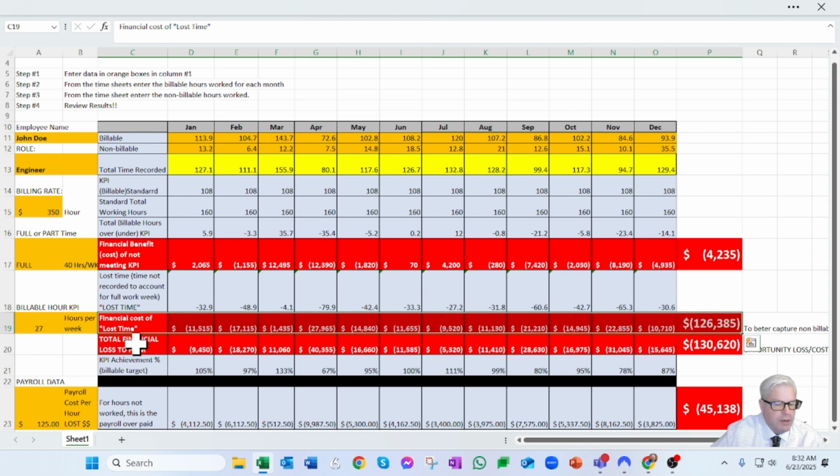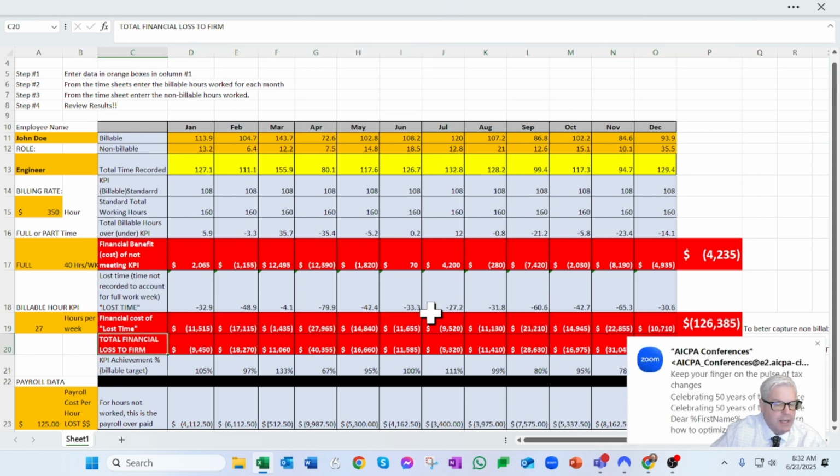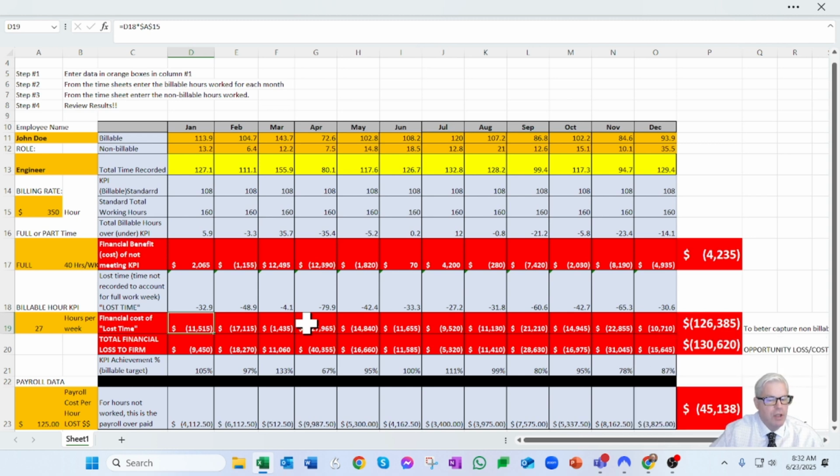The third metric is going to be the total financial loss to the firm. So in this fact pattern, we have $11,515 of cost due to the lost time, and we can offset that by the positive value of the KPI that was super achieved.